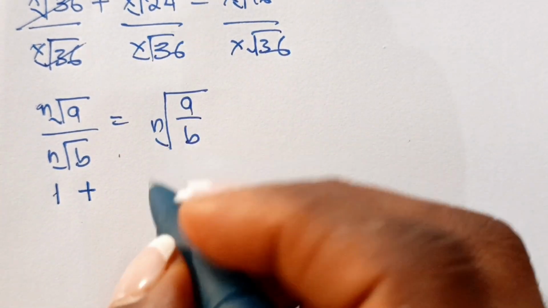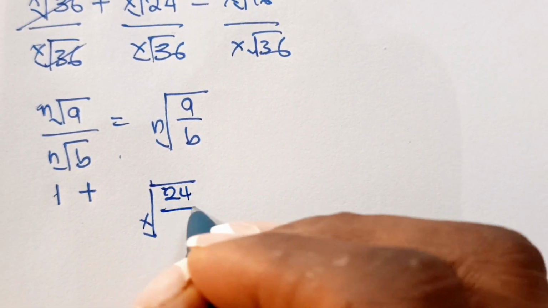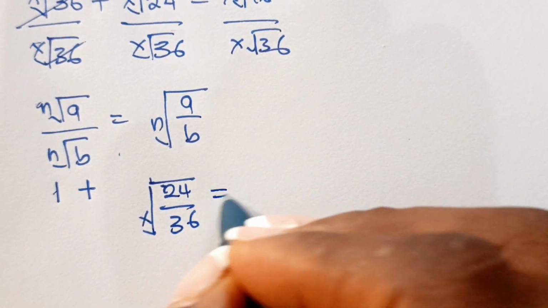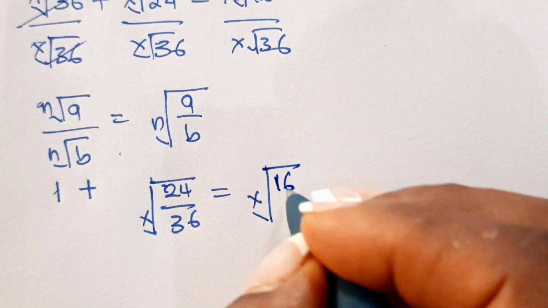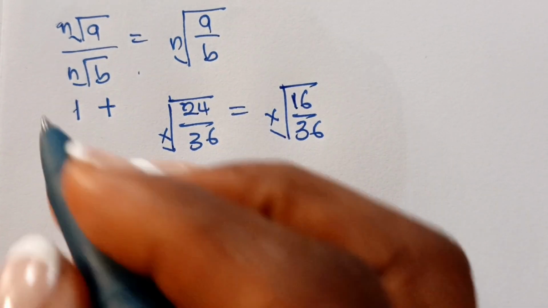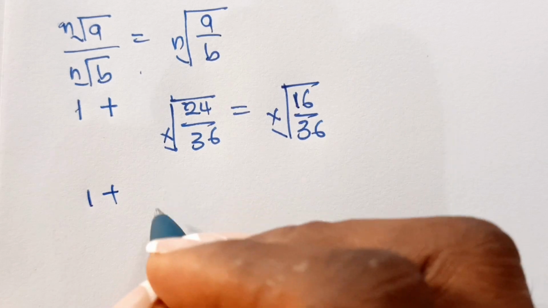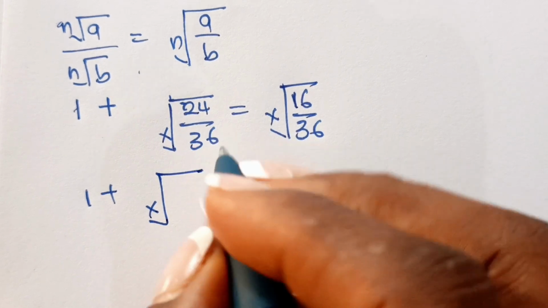Now this is going to be x root of 24 divided by 36, is equal to x root of 16 divided by 36. Now we have 1 plus x root of 24 over 36.